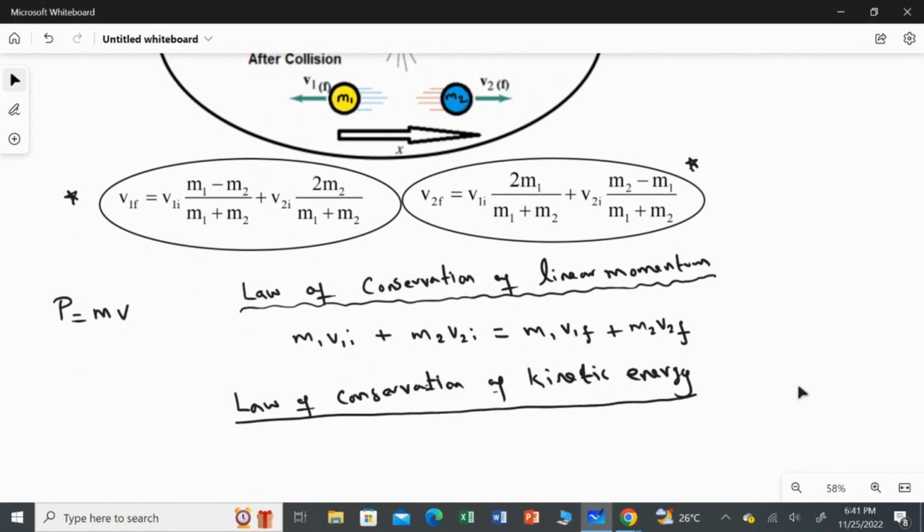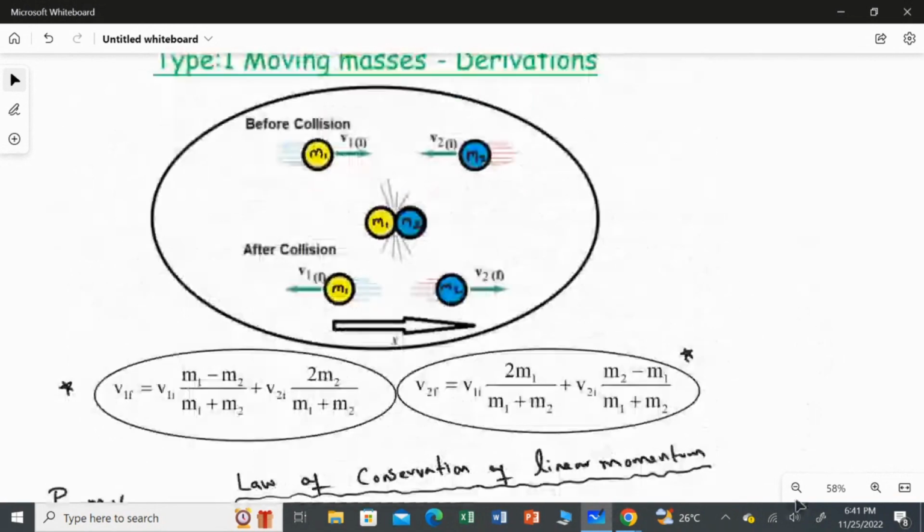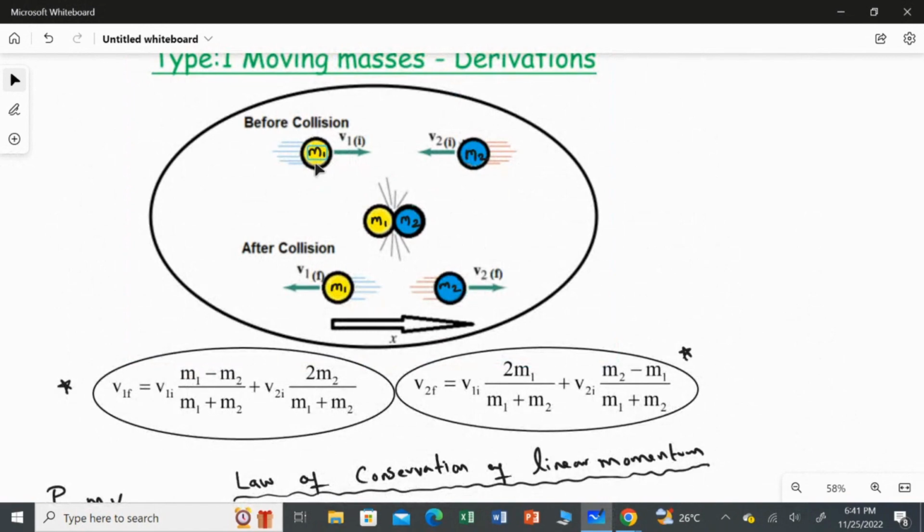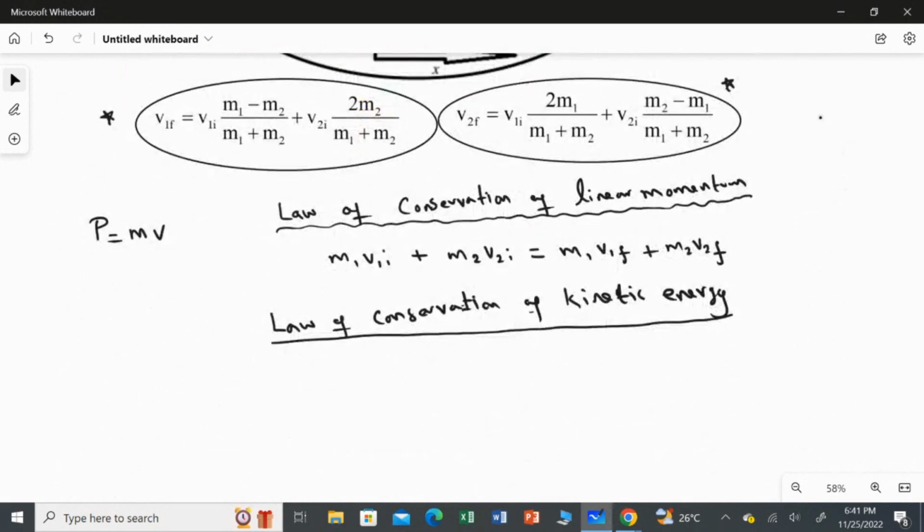Okay, let's apply the rule for the first one. The first mass is m1, and it has the speed v1I. So we know the formula for the kinetic energy. So what's the formula for the kinetic energy? The kinetic energy formula is given by the rule half m v squared. So I'm going to apply this rule for each mass. So if you apply this rule for the first mass, we have to write half m1 v1I square, right?